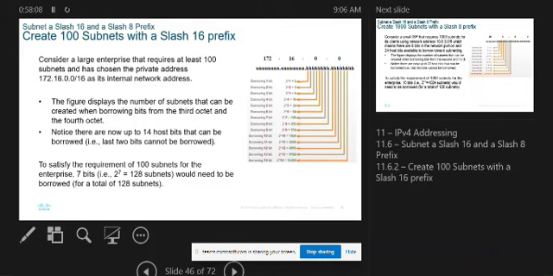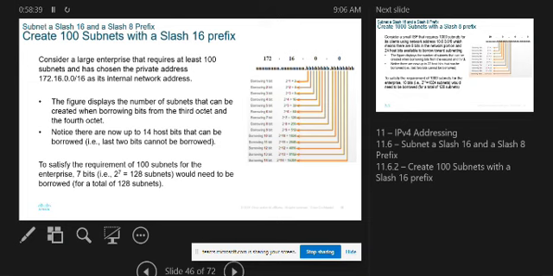So as long as we leave enough, if I borrow 8, I got 256 networks, which is more than 100. And I'm going to have 254 devices on each one of those 256 networks. So as long as that's okay for the size of the networks, could I borrow one more? Sure. I would go to 512 networks, right, by going to 2 to the 9.